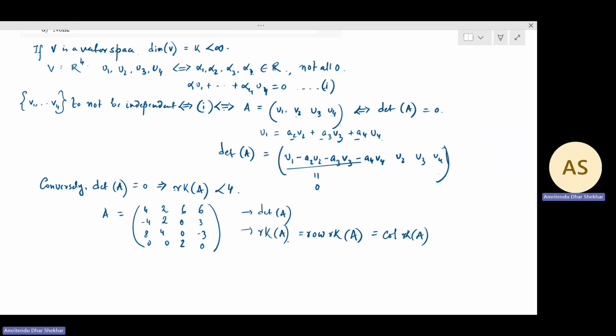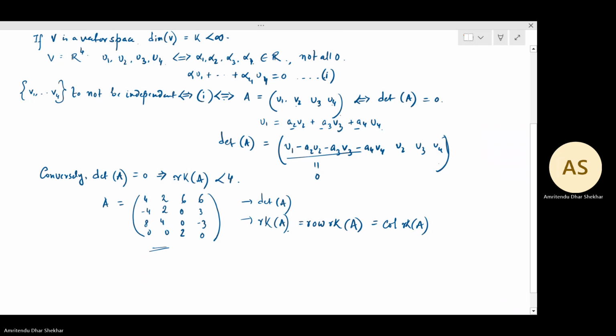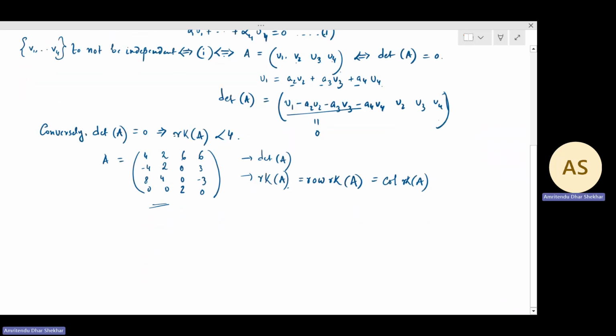So one way is something which we looked at in the last class, where you can convert this matrix into a row echelon form. So a row echelon form is a form in which, right, let me just write it over here. Convert A into a row echelon form.